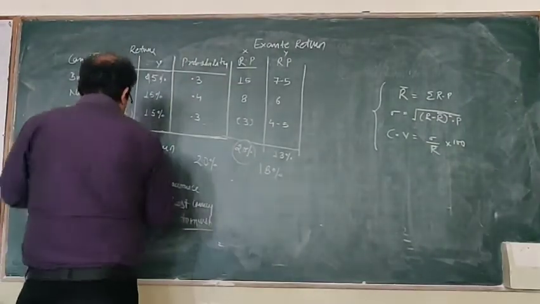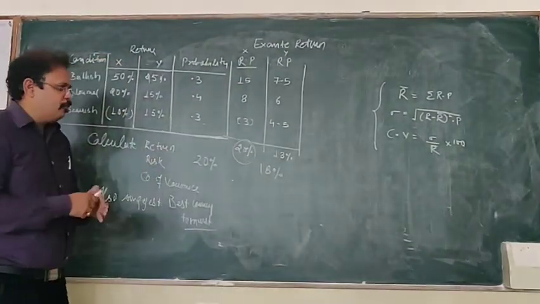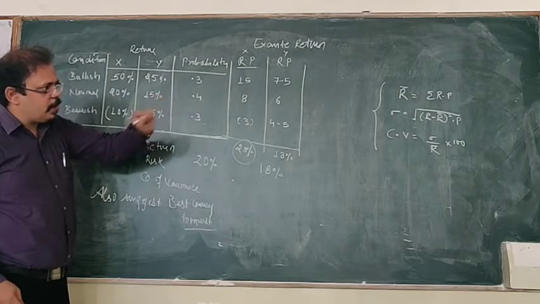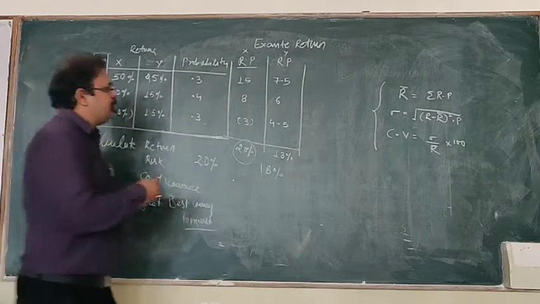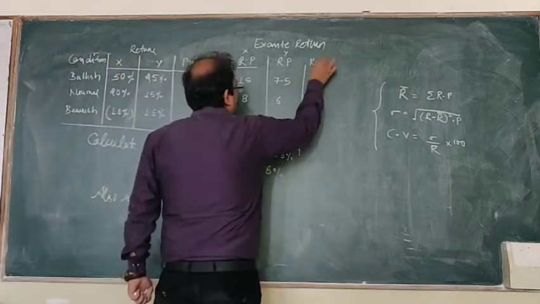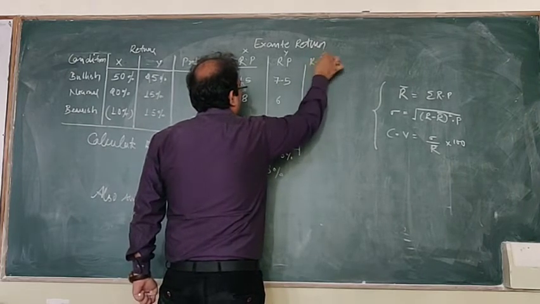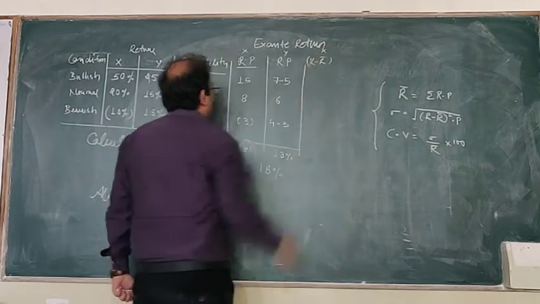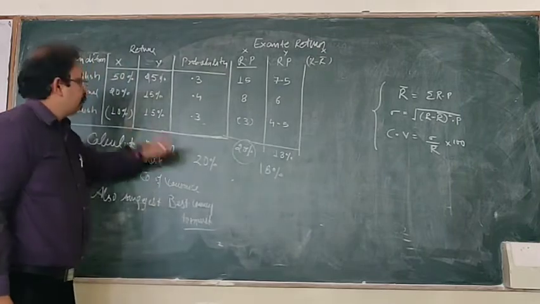Now we will calculate the risk part of it. What is the formula for this? R minus R bar whole square into P. First we calculate R minus R bar for X company. R bar is 20.